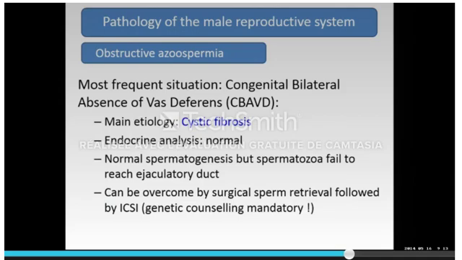This can be overcome by surgical sperm retrieval followed by ICSI, but in this case, of course, one should never forget to undergo genetic counseling, because everyone has to keep in mind that cystic fibrosis is a very important disease. And the point is that you should avoid, of course, obviously, to give birth through ARTs, through ICSI, to a child suffering from cystic fibrosis. So you should examine the woman before undergoing surgical retrieval in the man and undergoing ICSI.